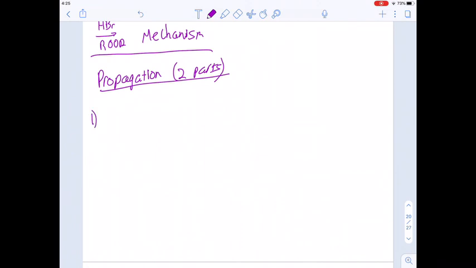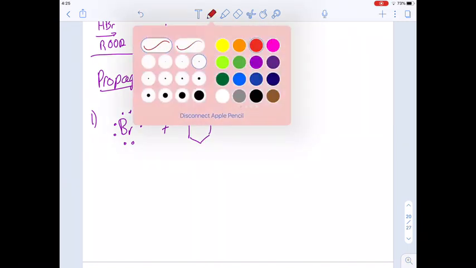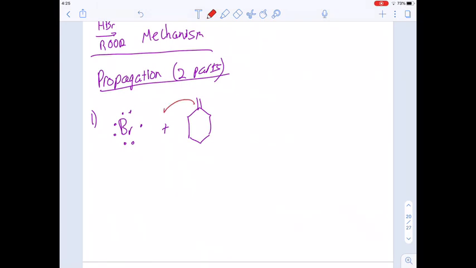Okay, so propagation, again, two parts, as they all are. Part 1 is going to be the generation of the alkyl radical and the addition of the Br to that chain. So we'll start with our Br radical.